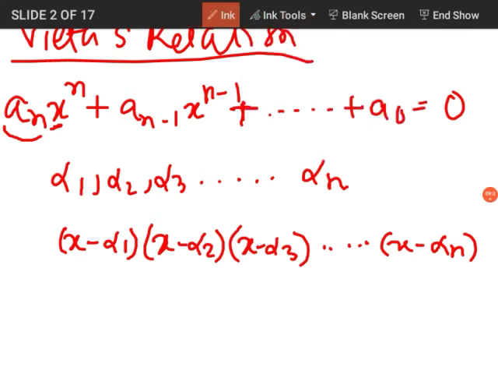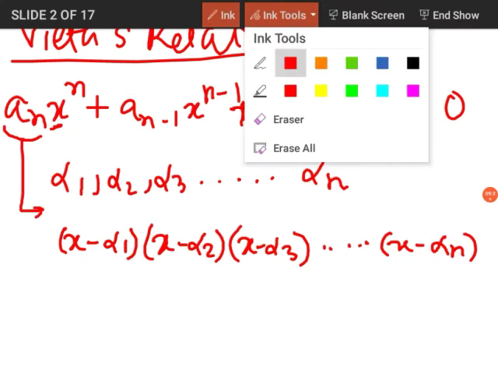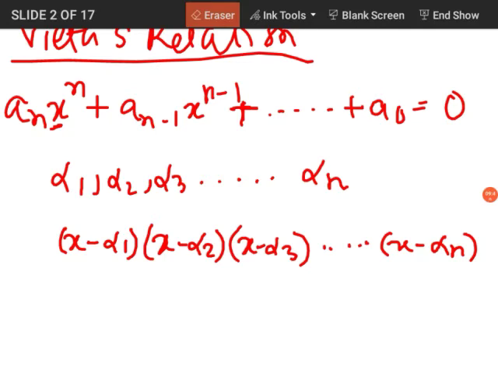Because if we skip that, then this is not equal to this, and we cannot equate these two things. So we have to multiply the leading coefficient, and now we can equate these two things, right?